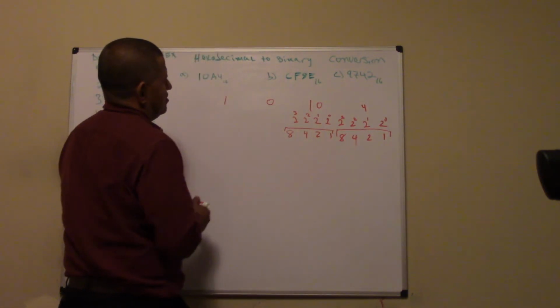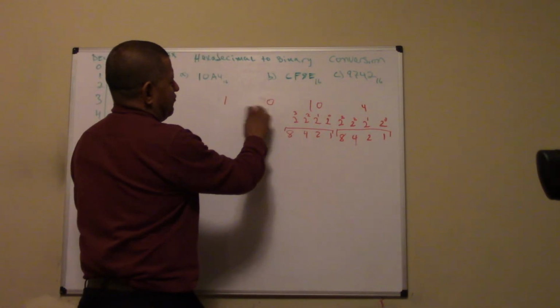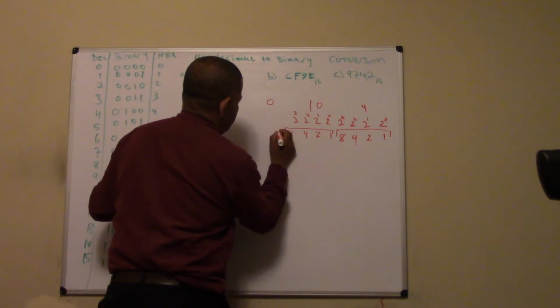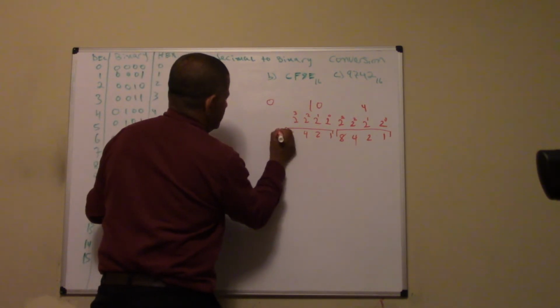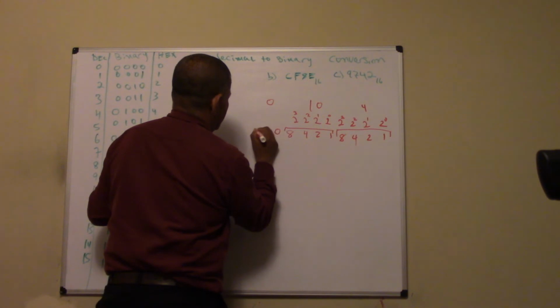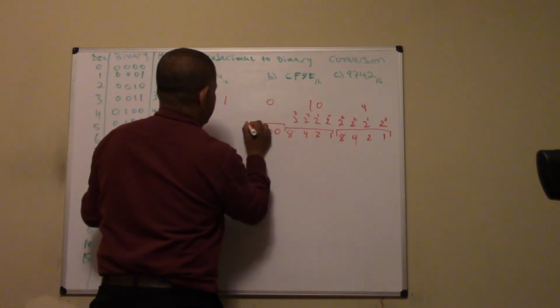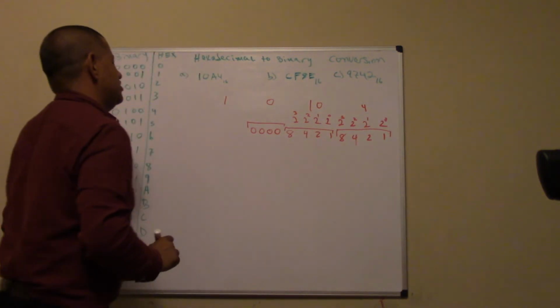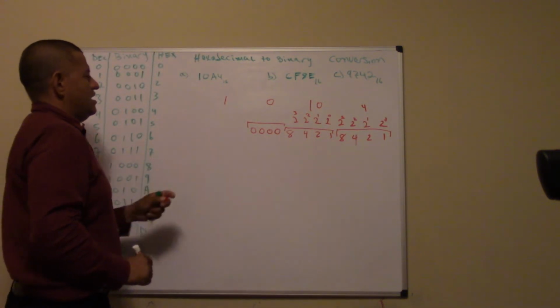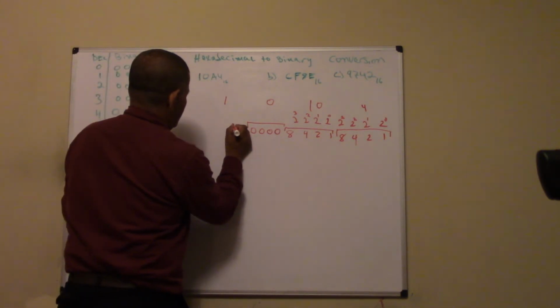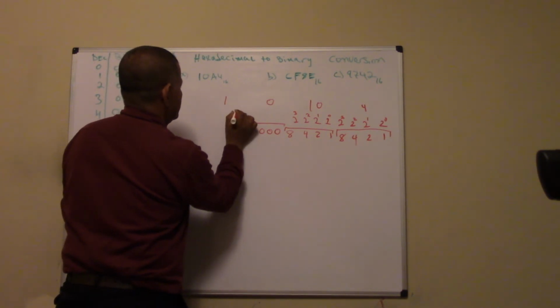Technically this is 4 zeros, so let's put 4 zeros right here for this one: 0, 0, 0, 0, right? Because we're going to need those zeros anyway. Here I put 2, I put 1.